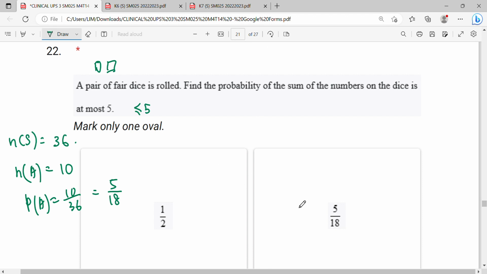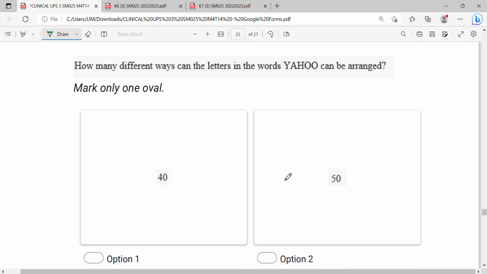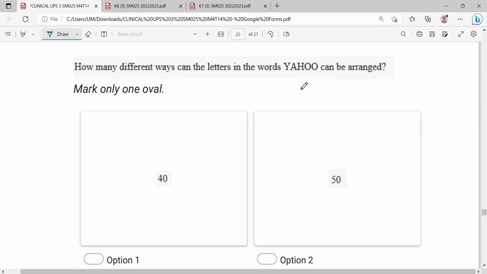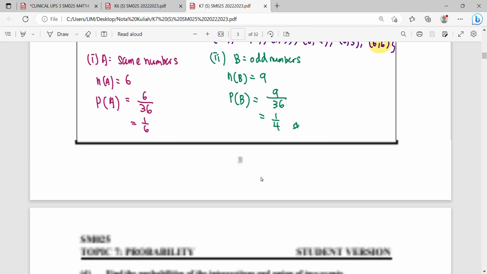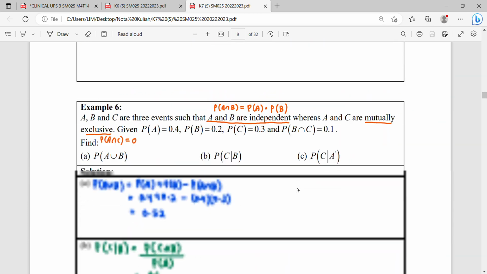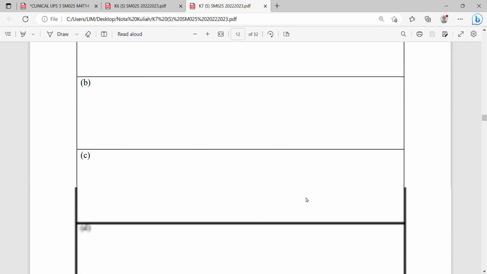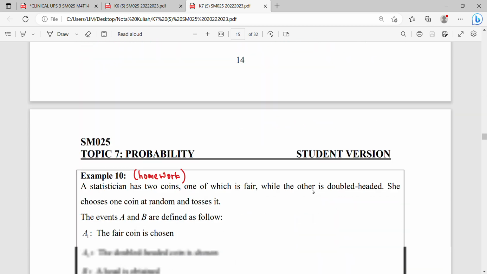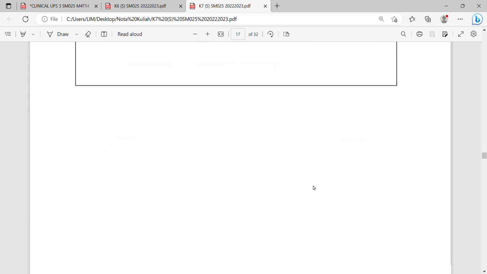Dah ke? Dah. This one, how many ways to arrange YAHOO if we have identical objects? Macam mana? When you have identical objects, bila kita buat chapter 7, divide with the identical words.